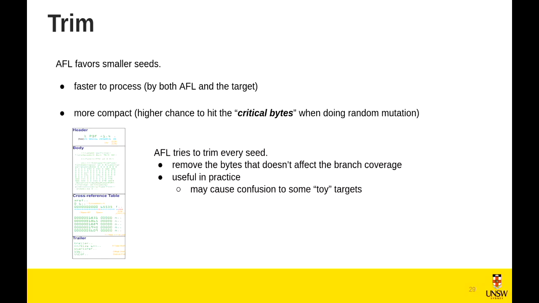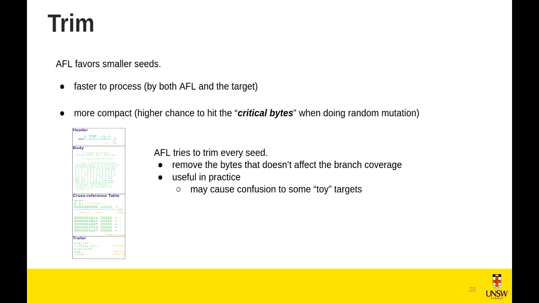So AFL actually tries to trim every seed, and this is how it does the trimming. It will try to remove bytes from the input, execute the new input with some bytes removed, and see whether the coverage is affected or reduced.